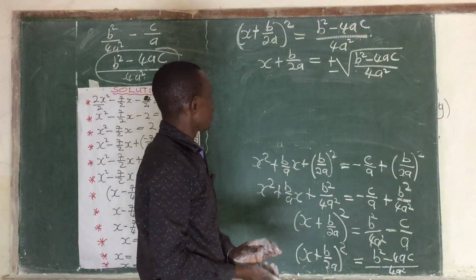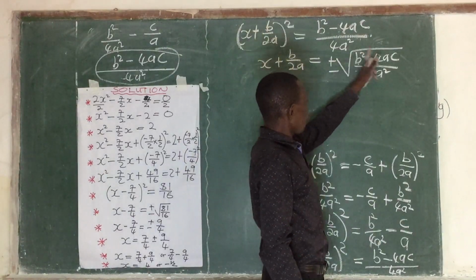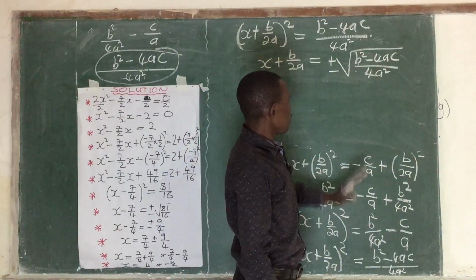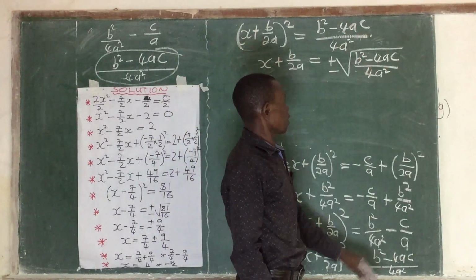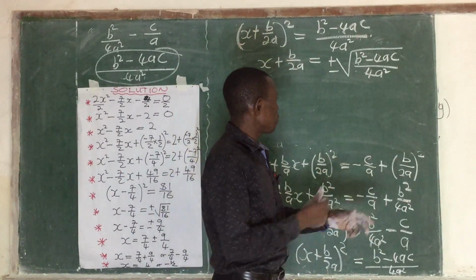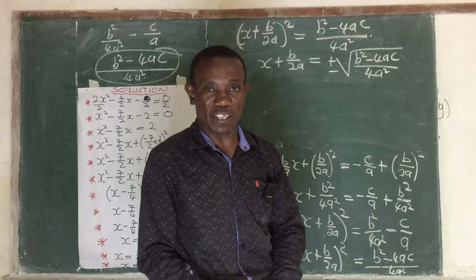Ideally, if you have a closer look at the root of this expression, you may be able to see that this root can be split into two and do some simplification where necessary.